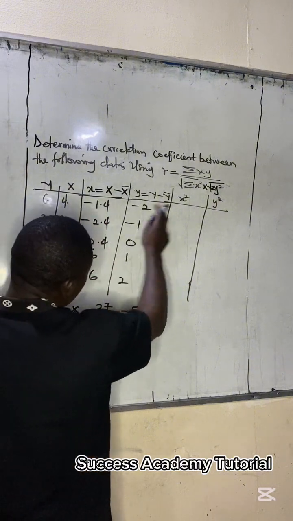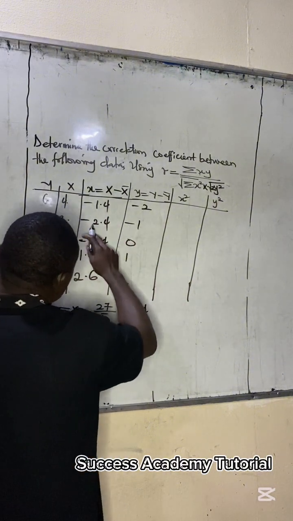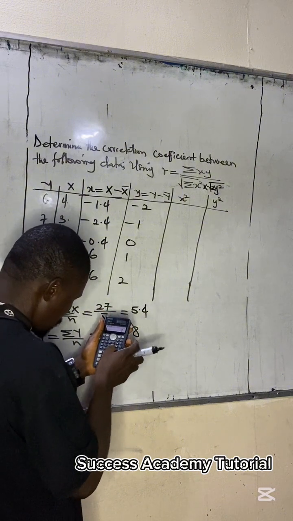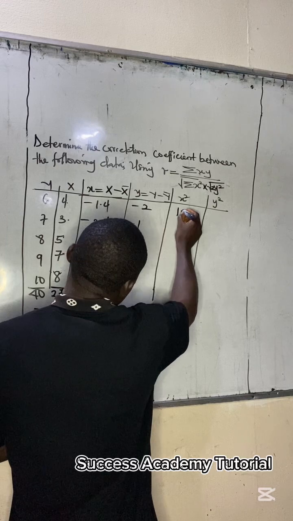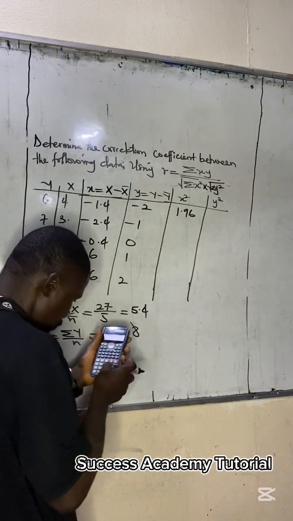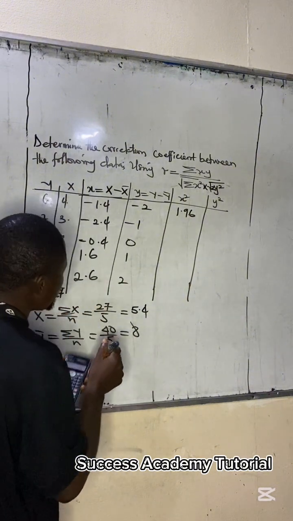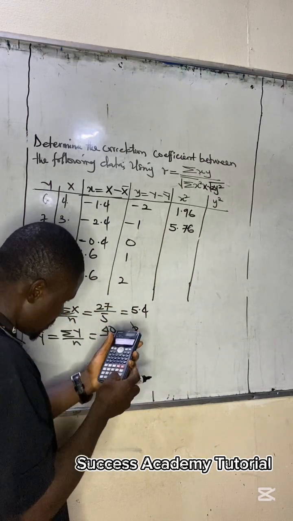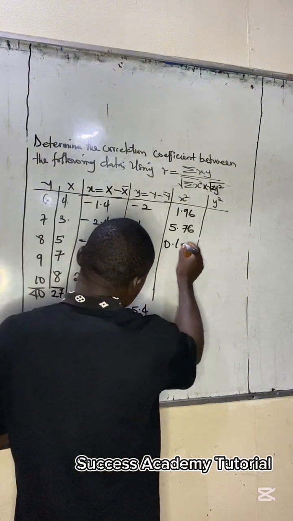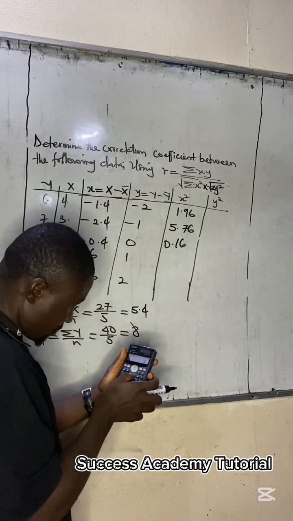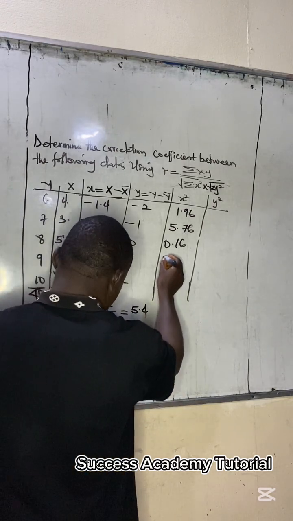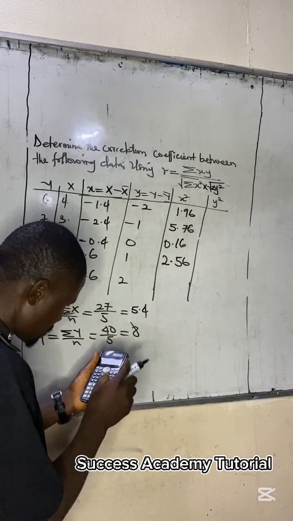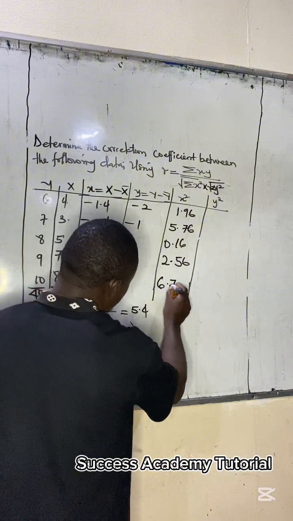So the next is to square these: 1.4 squared, 2.4 squared, 0.4 squared, 1.6 squared, and 2.6 squared. 1.4 squared is 1.96, 2.4 squared is 5.76, 0.4 squared is 0.16, 1.6 squared is 2.56, and 2.6 squared is 6.76.